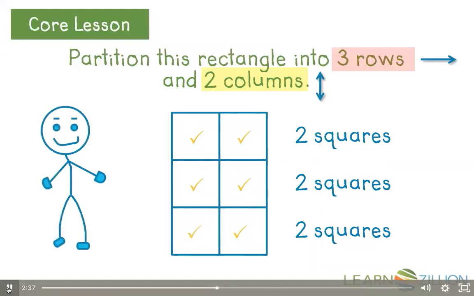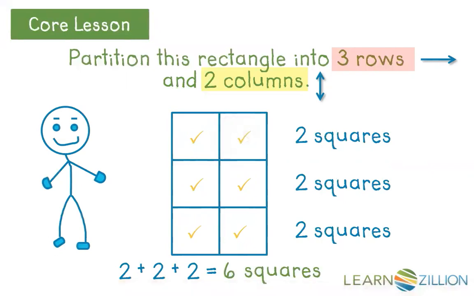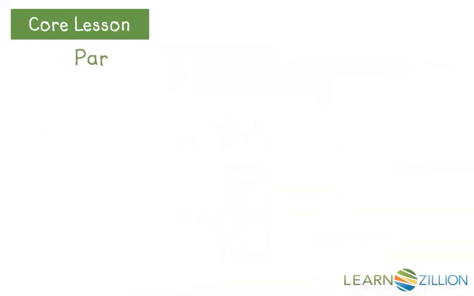I can count the squares, or I can add 2 plus 2 plus 2. And remember, boys and girls, that this 2 plus 2 plus 2 is called repeated addition. The same number is repeated. And I find the answer is 6. 6 squares.